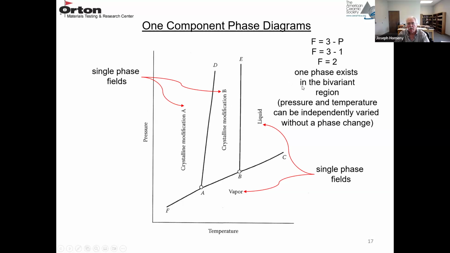So one phase exists in these bivariant regions. Pressure and temperature can be independently varied without changing the phase. So within these phase fields, you can change the pressure or temperature, and you won't change the phases: A, B, liquid or vapor.